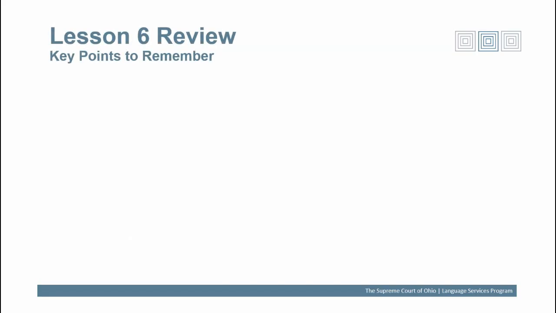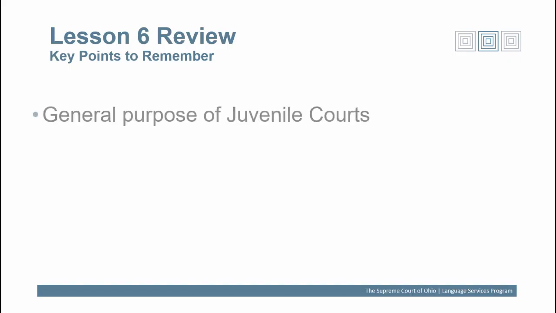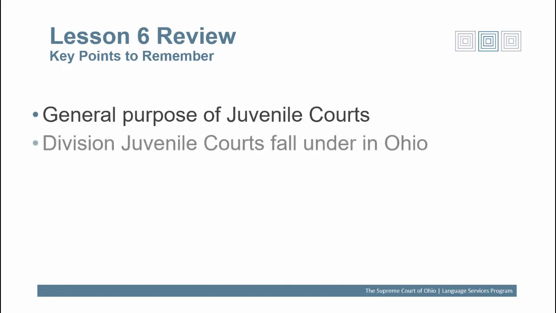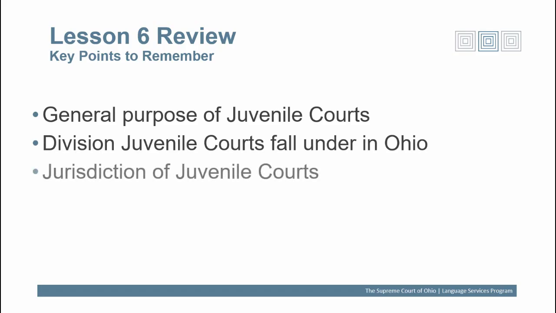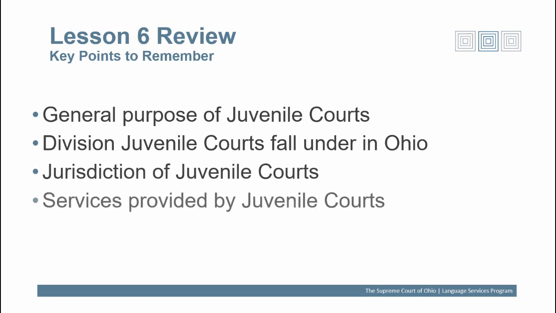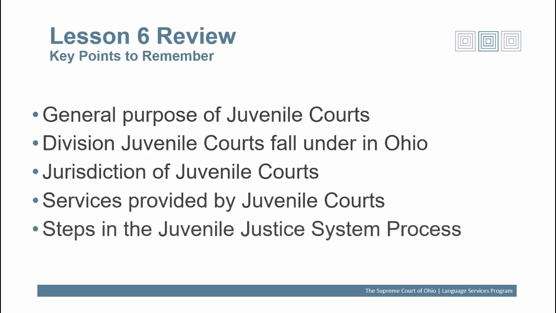In Lesson 6, the key points to remember are the general purpose of juvenile courts, the division juvenile courts fall under in Ohio, the jurisdiction of juvenile courts, services provided by juvenile courts, and the steps in the juvenile justice system process.